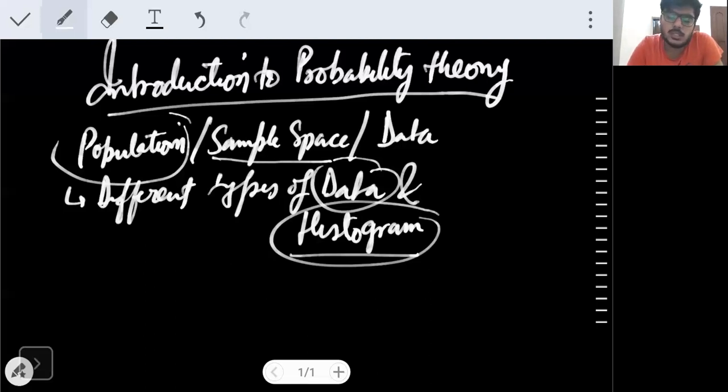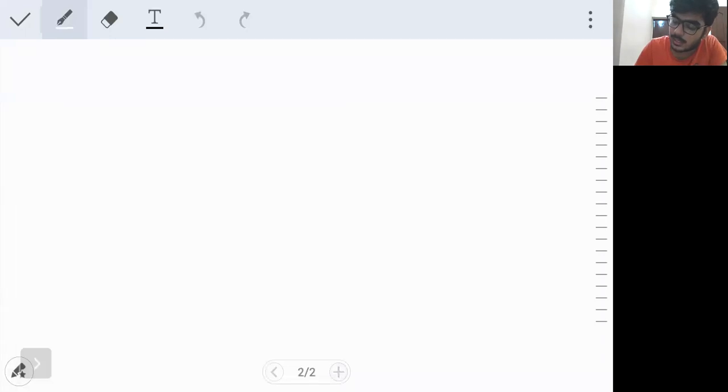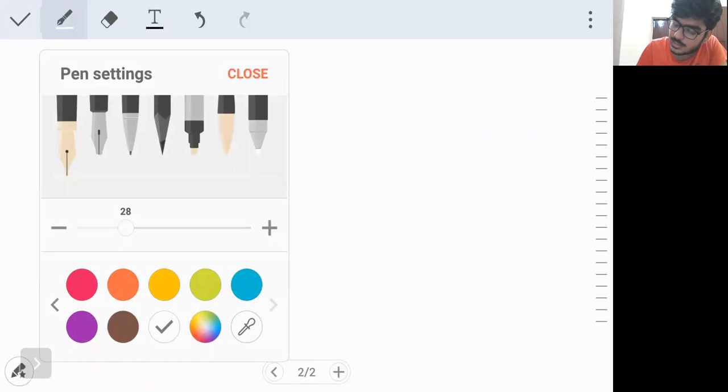So the question arises over here is how can we answer our research questions if we cannot ask every person in the population, then how will we answer the questions? So we could take a random sample from the population, and here comes the application that we will be discussing, which is the random sample.